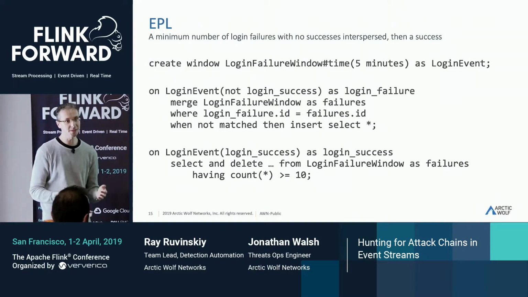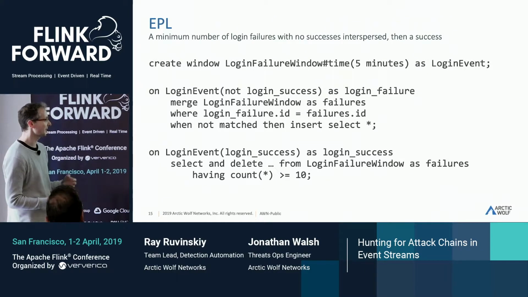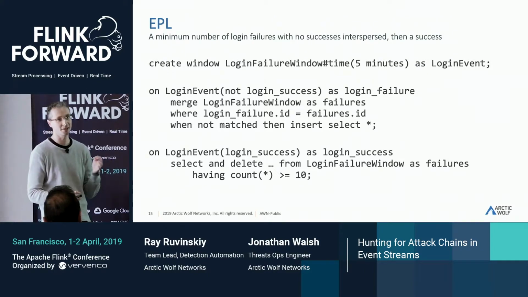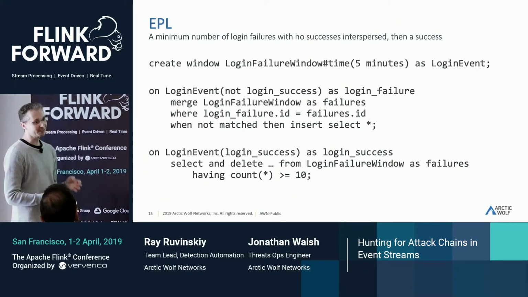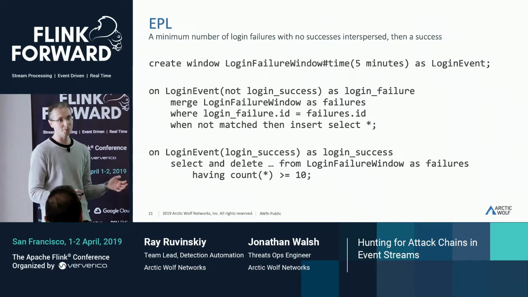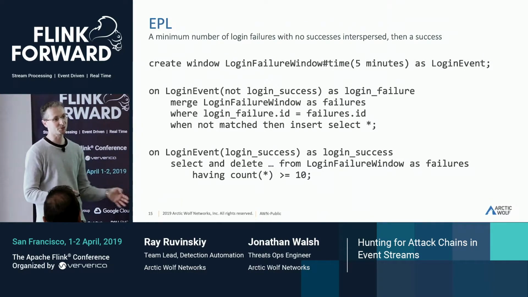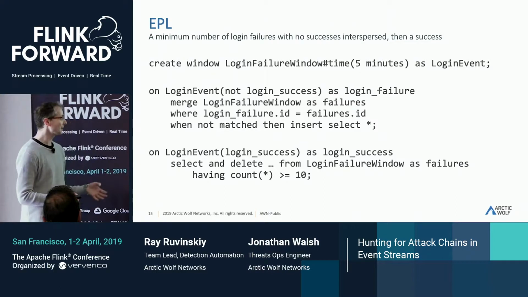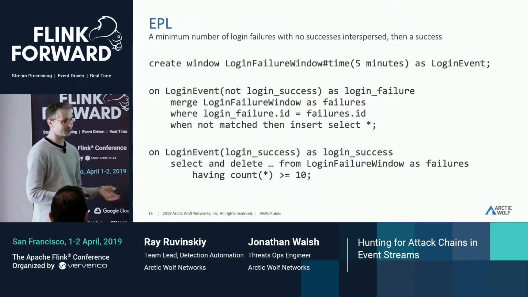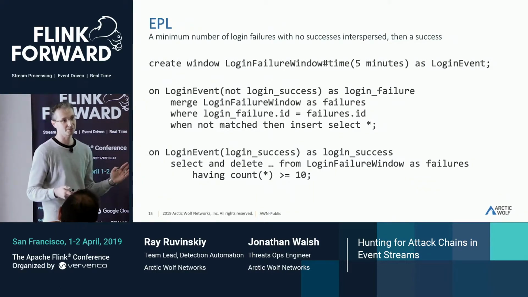If you have fewer than 10 login failures in the window at the time the login success comes in, we still delete all the events in our window, but we don't emit a match. So we start fresh. So say we have 5 login failures, see a login success, our state is cleared.